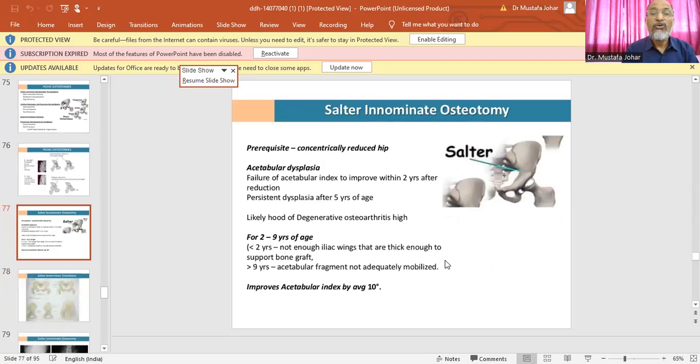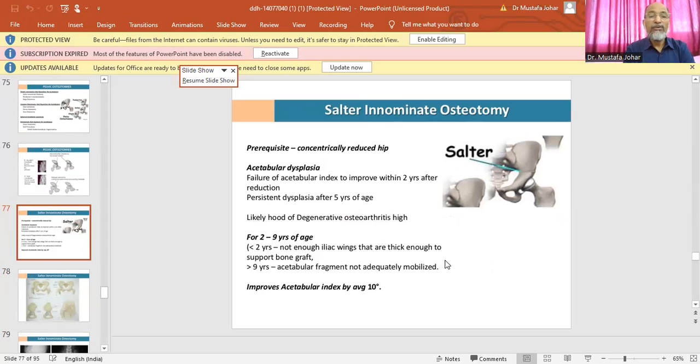Okay. So then you have the Salter innominate osteotomy. In this also, failure of the acetabular index to improve within 2 years of the reduction, then persistent dysplasia after 2 years of age.